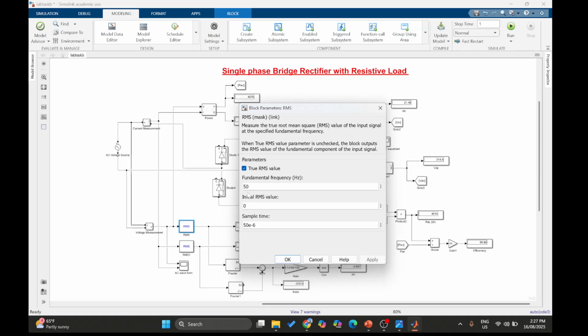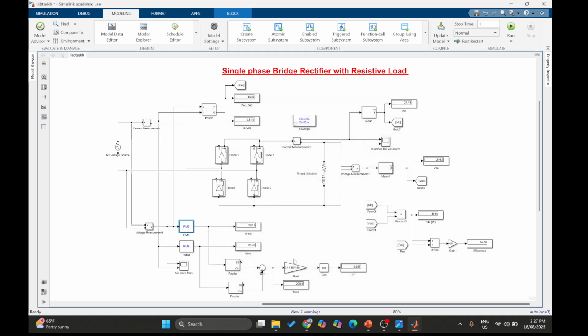The fundamental frequency is 50 and sample time 50 microseconds, and the display will show you the VRMS, or phase voltage, of the source.